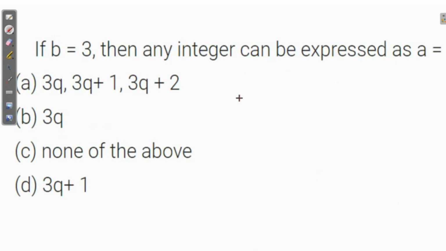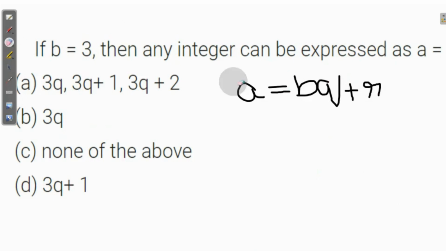Okay, we know that dividend is equal to divisor into quotient plus remainder. I'll take a as the dividend, b as the divisor, q as the quotient, plus r as the remainder. Here b is nothing but 3. We have the value of b as 3. So I'm going to replace b by 3.